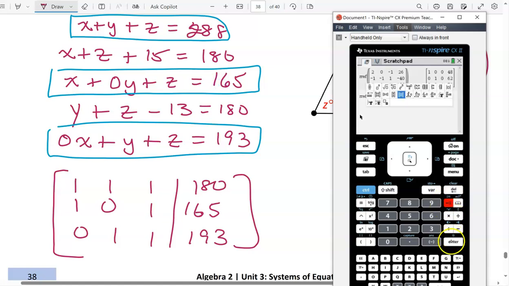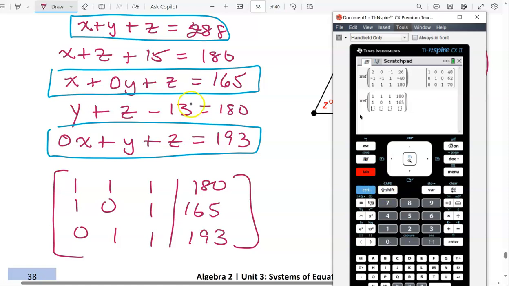I'm going to input a matrix that is 3 by 4. And across the top, 1, 1, 1, 180. And middle row, 1, 0, 1, 165.